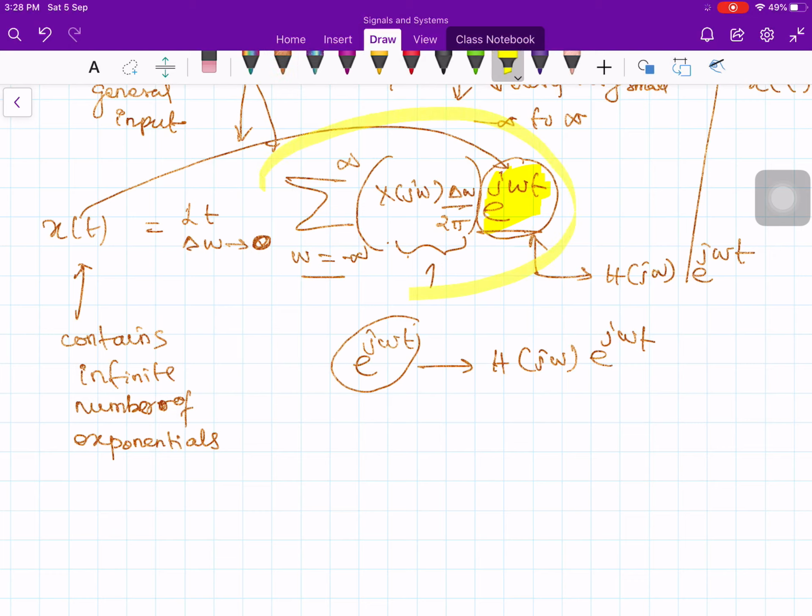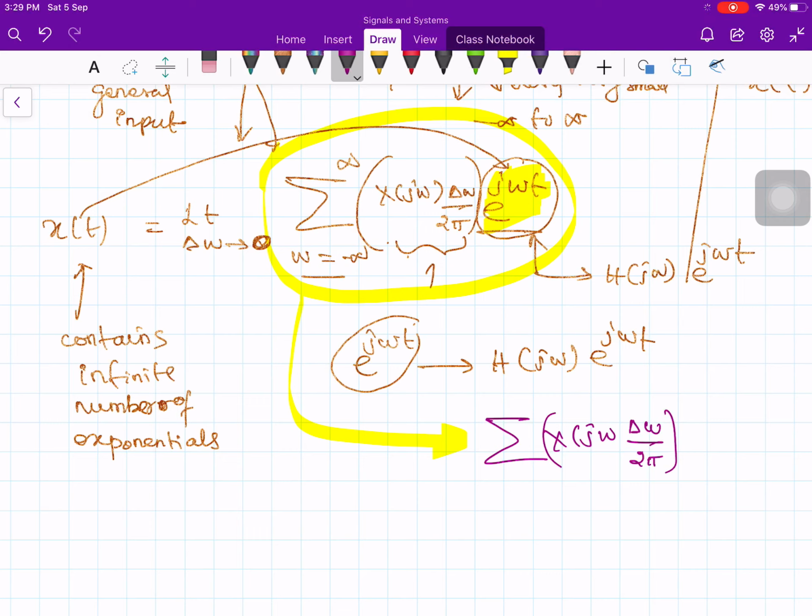So this whole thing is given to the input, and now the output is what? H of j omega times the whole input x of j omega delta omega by 2 pi, then you multiply by h of j omega, then e to the j omega t.